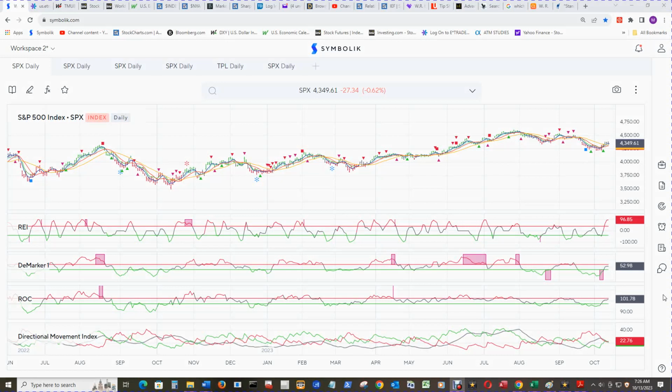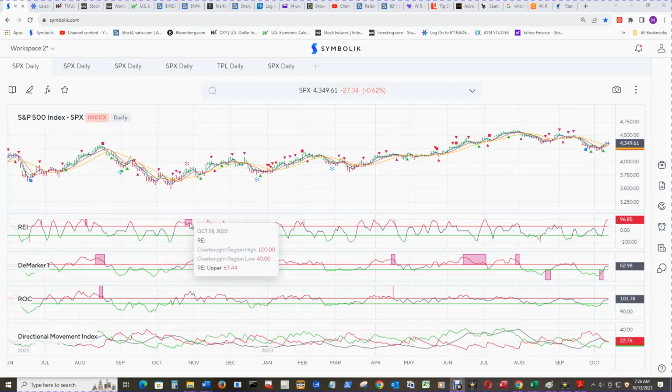And quickly, let me point out the ideal REI, the marker 1 ROC level, so you can see back here that the REI went above overbought and was sailing away up there enough to print its overbought region, and that meant that DM1 was well up there along with ROC.